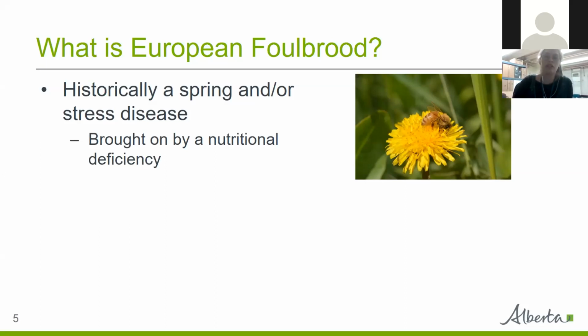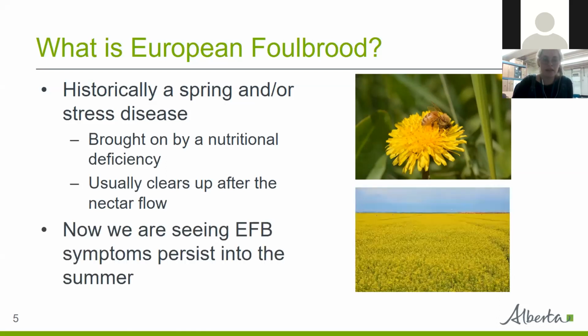That can be in early spring when there isn't a lot of pollen or nectar flow. It could also be at the onset of the flow when the queen starts laying a whole bunch of brood, but there are not enough nurse bees to feed the babies, so the babies end up starving and have a nutritional deficiency, and then the EFB can outcompete them. But usually it would clear up in the summertime, and then we wouldn't really see signs of EFB again.